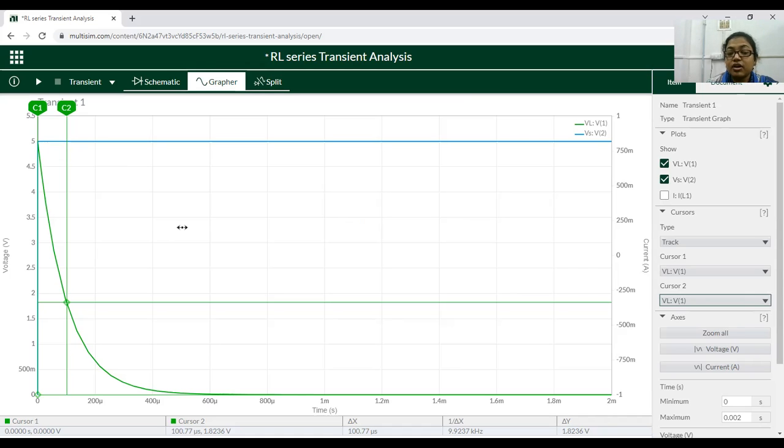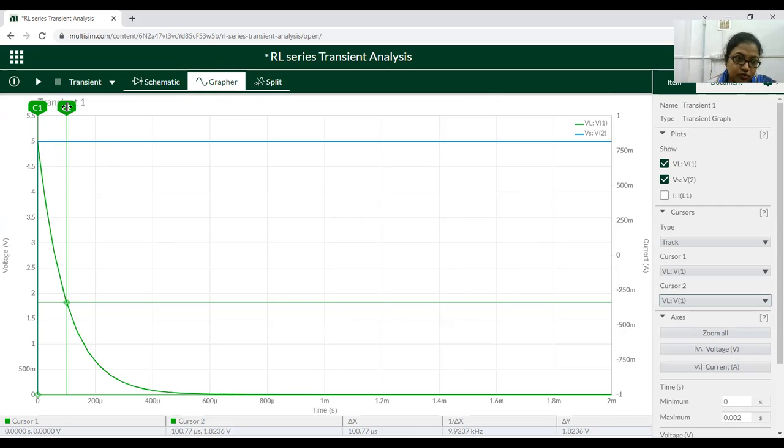Here what you have to do is find 36.7% of the initial value. The initial value is 5, and you have to find 36.7% of 5 first. Then set cursor C1 as a reference along the y-axis, then move to C2.